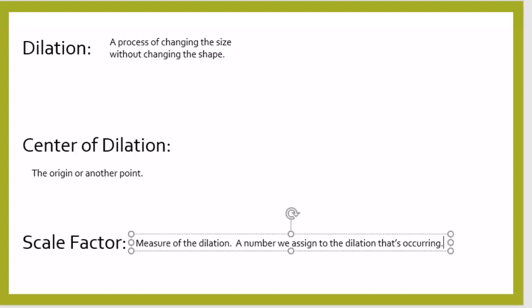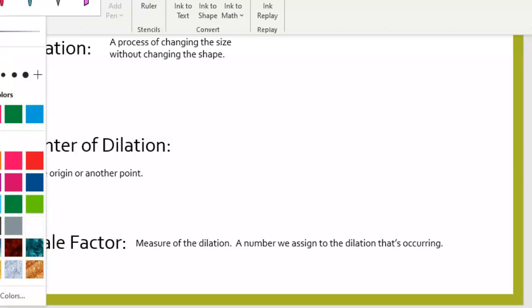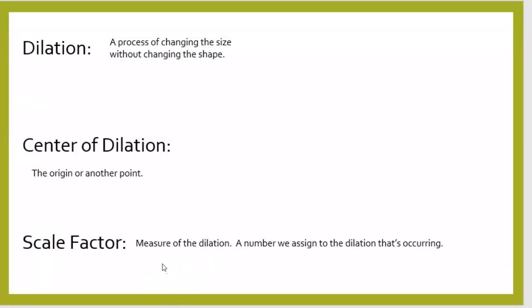Or how much smaller did it change? Oh, by a scale factor of 2. And the word factor is really helpful, because when I think of factoring, I think of multiplication, like factors of 9, 3 times 3. So the scale factor is the number that's being multiplied by each coordinate.